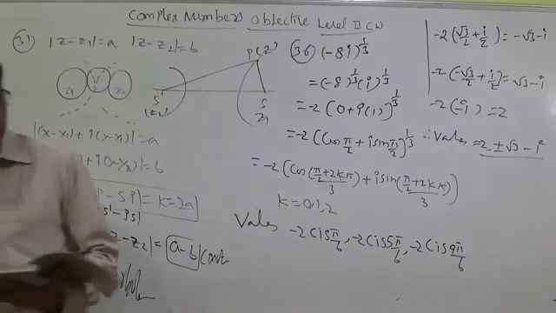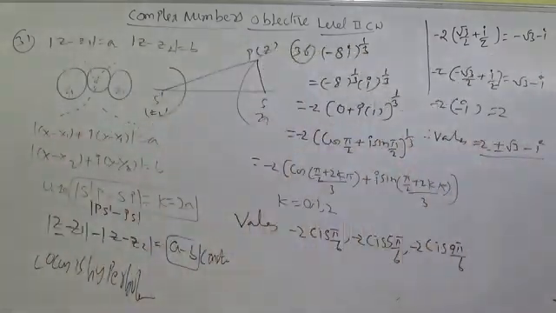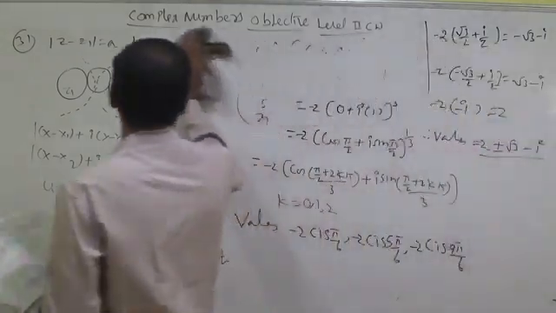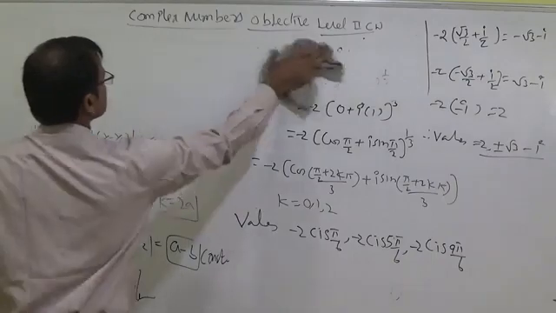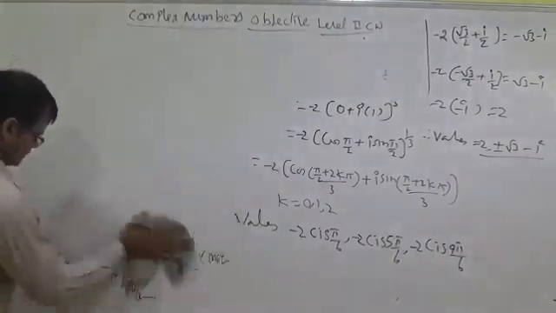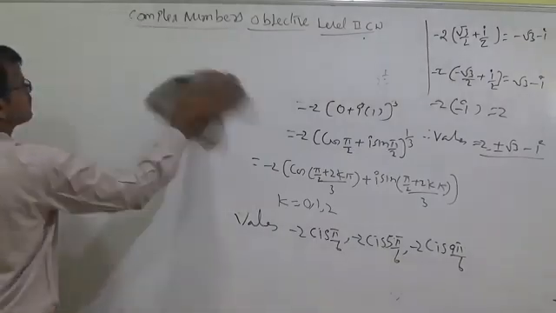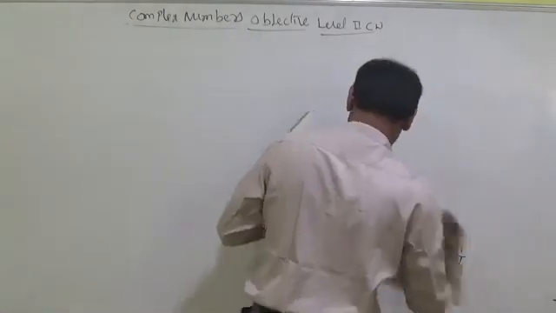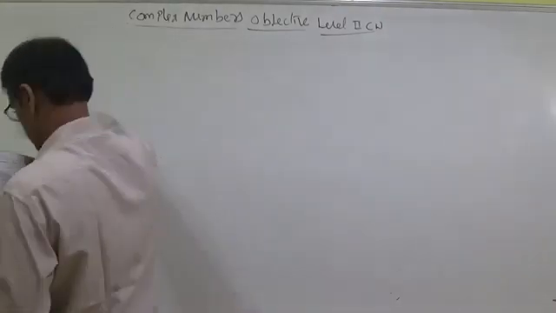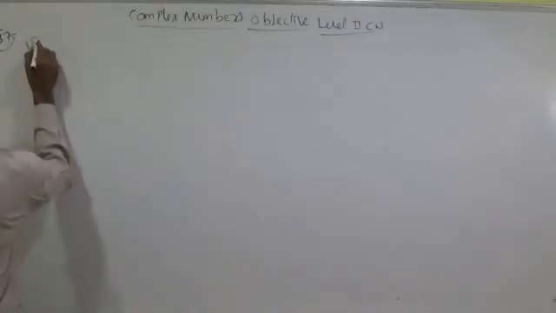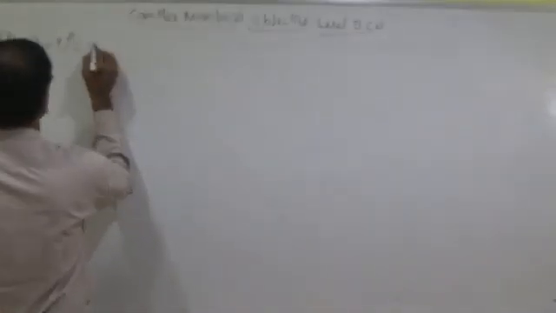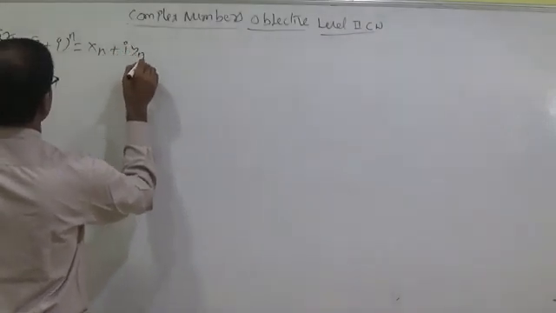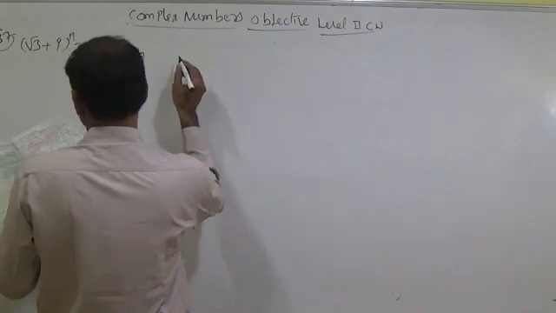Next, 37th question. Root 3 plus I whole power n is equal to xn plus I yn. n is a positive integer.